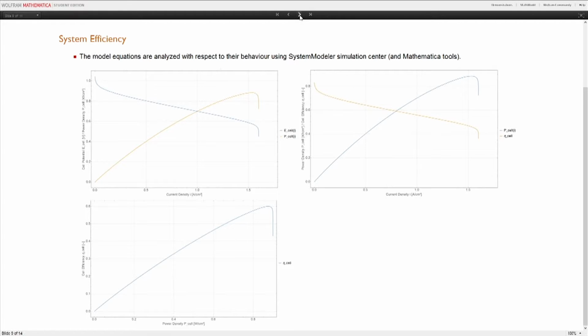But what is more interesting, if you, for example, have a look at the efficiency curve over power density, which shows you the electrical conversion efficiency over the power density. And that shows that it's really not that good a conversion efficiency for very low loads.